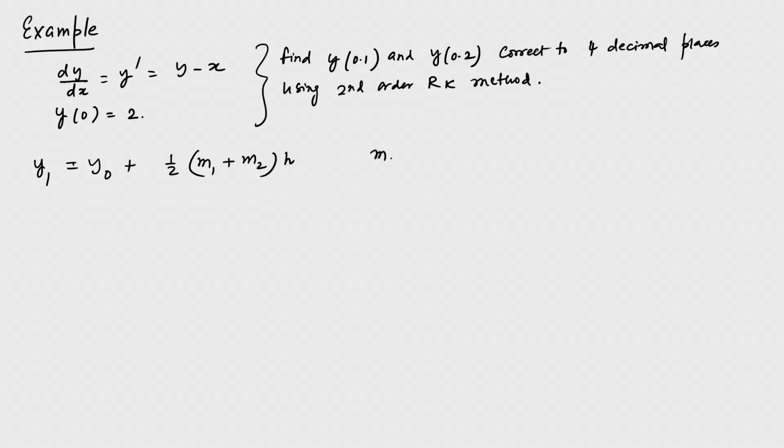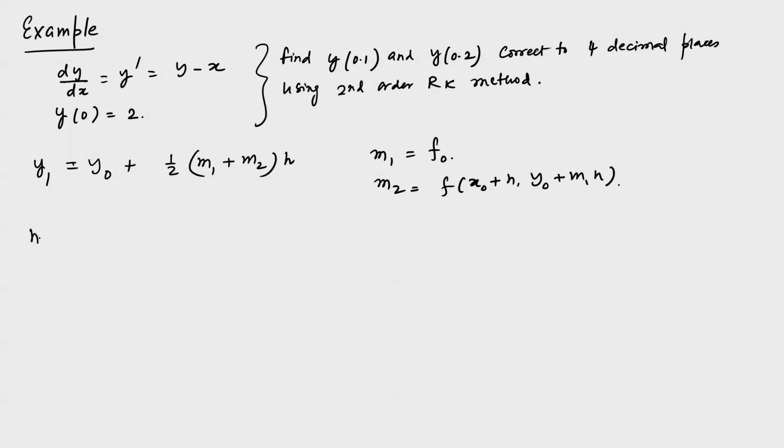We have m1 equal to f(x0, y0) and m2 equal to f(x0 plus h, y0 plus m1 h).